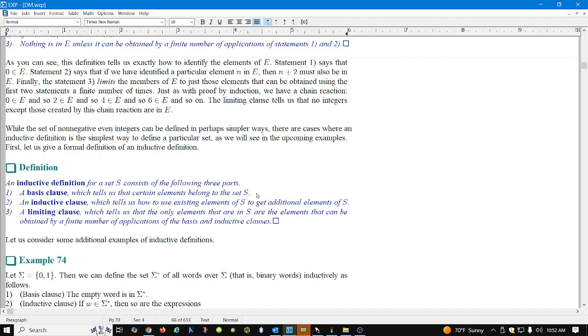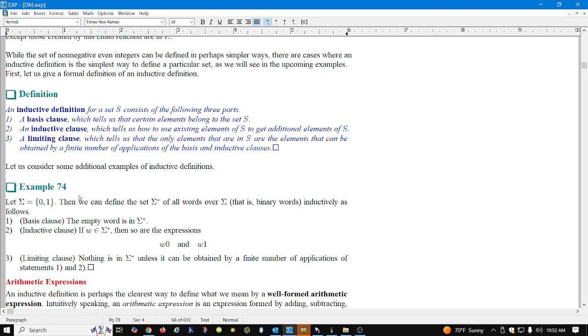It could be infinitely many elements. An inductive clause which tells us how to use existing elements of S to get additional elements of S. And a limiting clause which tells us that the only elements that belong to S are the ones we get from a finite number of applications of the basis and inductive clauses.